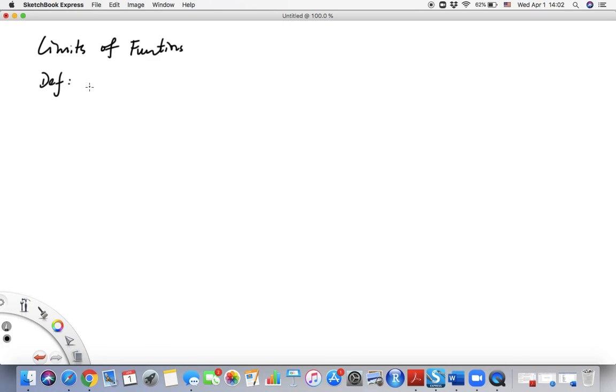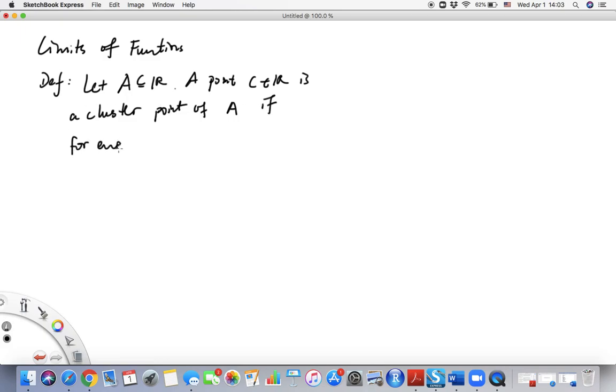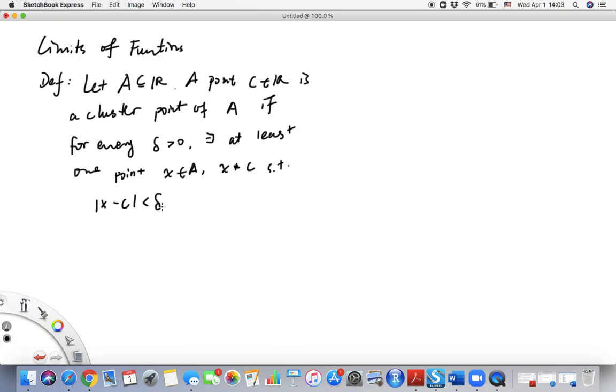So the definition: let A be a subset of R. A point c in R is a cluster point of A if for every delta greater than 0, there exists at least one point x in A with x not equal to c such that the absolute value of x minus c is less than delta. Okay, so we all know that's the definition of cluster point.